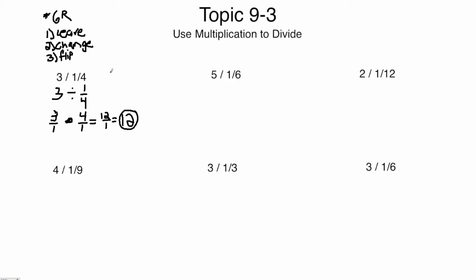So in other words, if we had 3 whole things, how many 1/4 will there be? There would be 1, 2, 3, 4, 5, 6, 7, 8, 9, 10, 11, 12. Did you get that? If you did, great job.